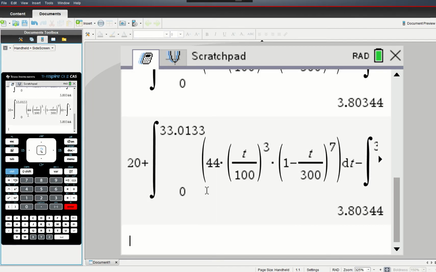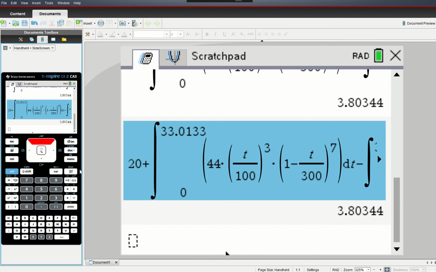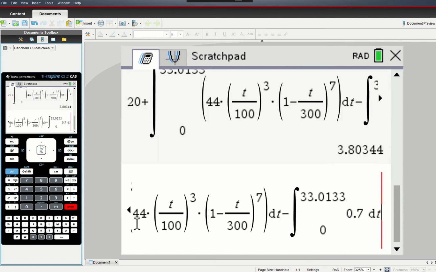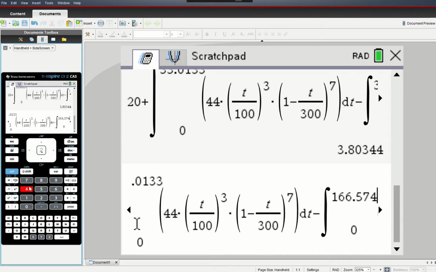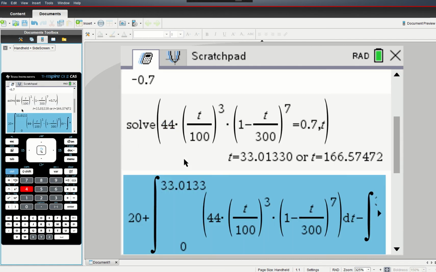And then if we go back to our calculator, we've got to do this one more time. So if I come up here and I highlight that, I should be able to get that function back here. And now all I need to do is change that upper limit on my integrals to 166.574, and what was it? I think it was 72.